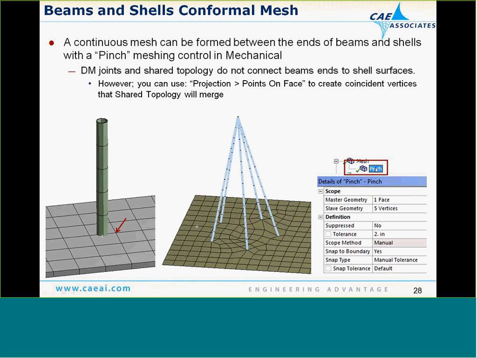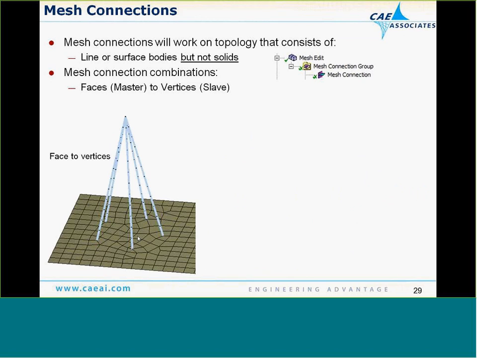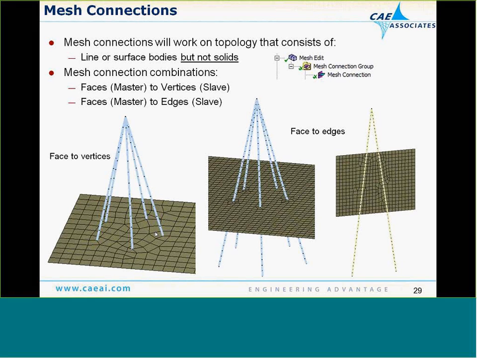If you have a pinch in version 15, when you import that model into 16 or open it into 16, these pinches get converted over into mesh connections automatically. So this is sort of the way that things are headed, is to use mesh connections to connect up the different topologies. So this is one way you can connect up vertices to a face.